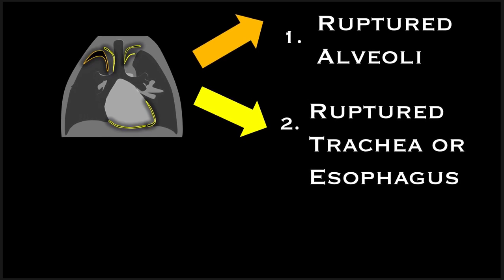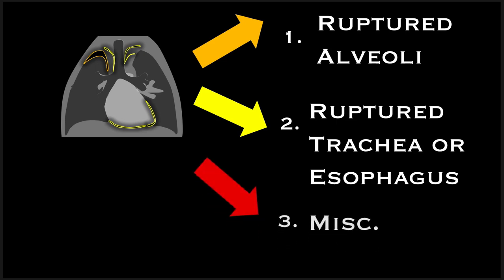So essentially you can have rupture of the alveoli from mechanical ventilation, asthma, various spontaneous causes, underwater diving, inhalational drug use, etc. You can have trauma, either penetrating or closed injury to the esophagus or trachea, and both of these broad categories can cause a pneumothorax and a pneumomediastinum.